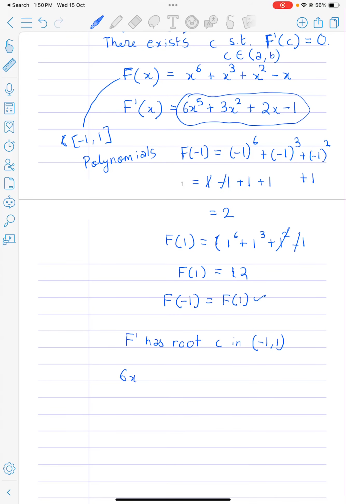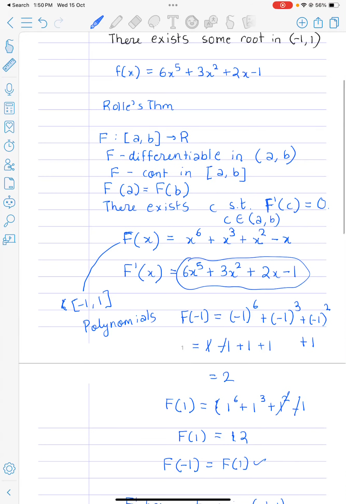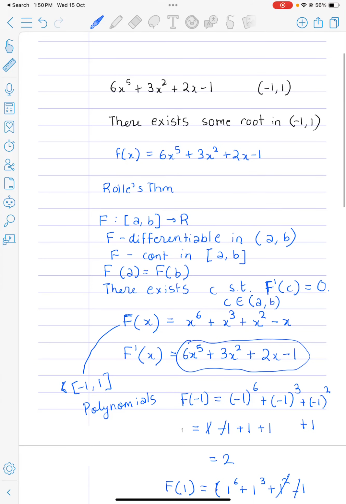So 6x^5 plus 3x^2 plus 2x minus 1 has a root in -1 to 1. Okay. Let's go to question number 2.